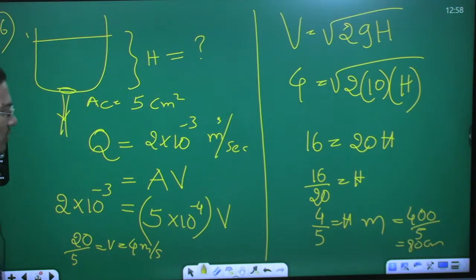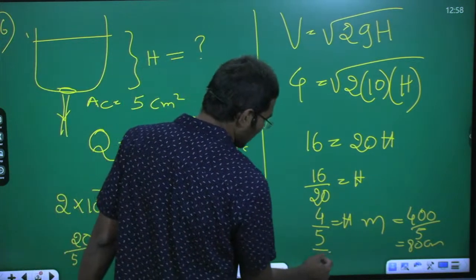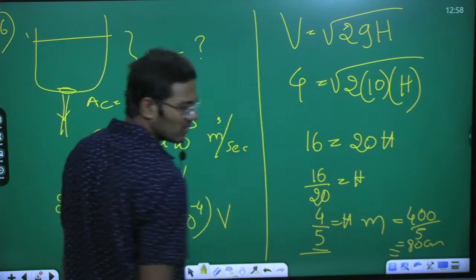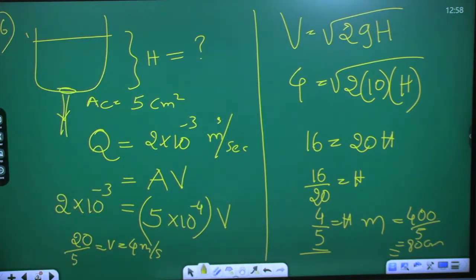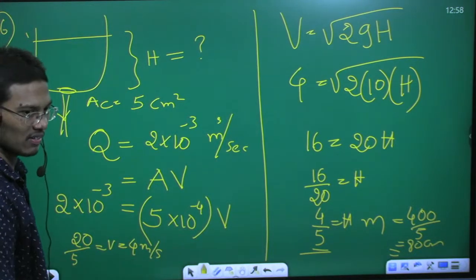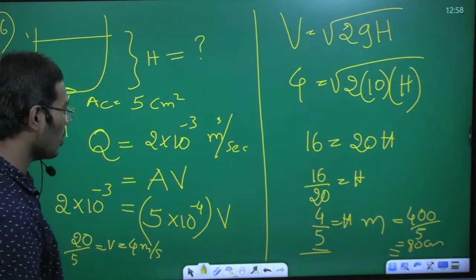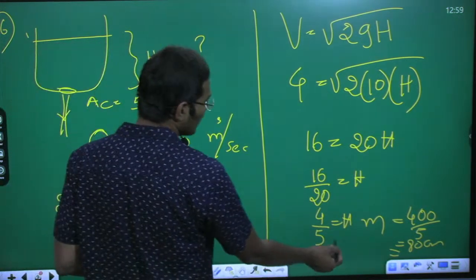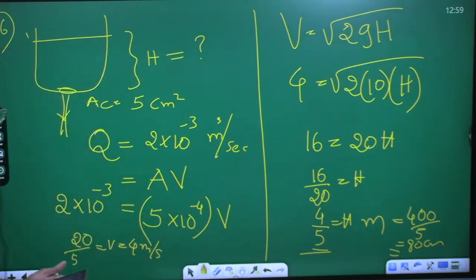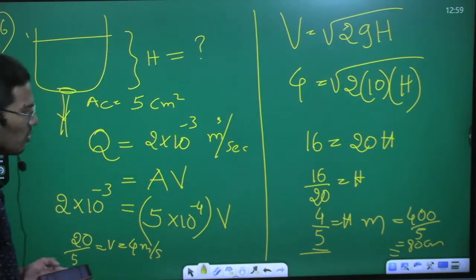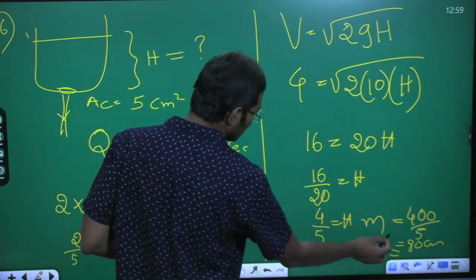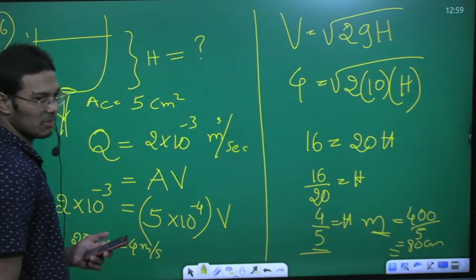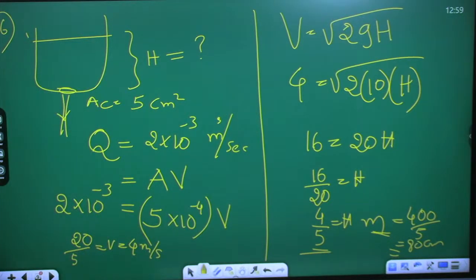Even if you reach here, if you cannot reach the correct unit, there is no point in doing all this. So you need to take care of units very well. In options he will give us 4 by 5 somewhere in between and he will choose that. So it is 4 by 5 meters and 80 centimeters. Hope this question is clear. I think this is a direct question.